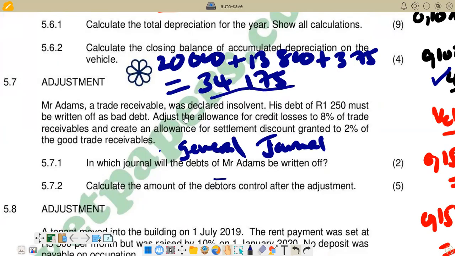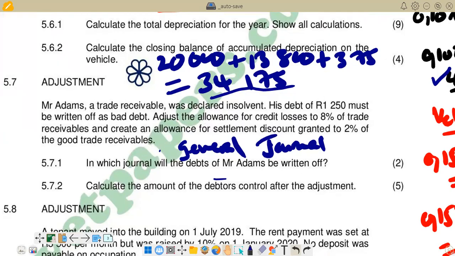Then, with the answer that we get, we adjust the allowance for credit losses, which is 8%. So we are going to subtract 8% from the answer that we get. And then after subtracting 8%, we also subtract the 2%, which is an allowance for settlement discount granted to 2% of the good trade receivables.